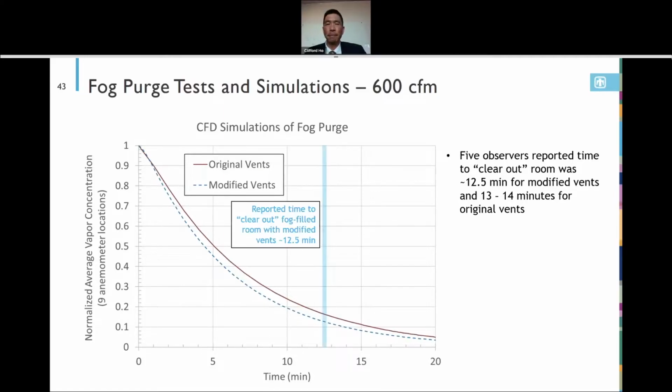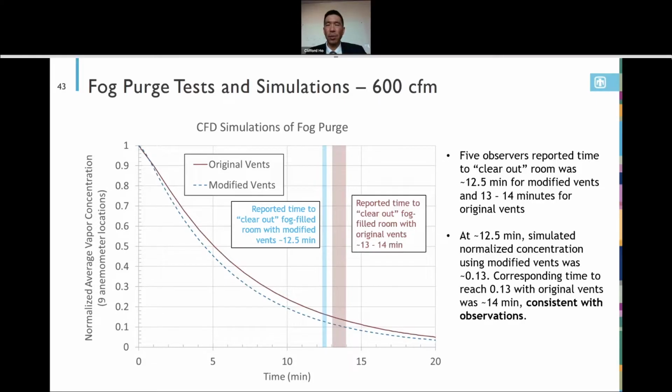This is subjective, but the 12.5 minutes for the modified vents corresponds to a concentration of about 13%, so let's say 10 to 15%.